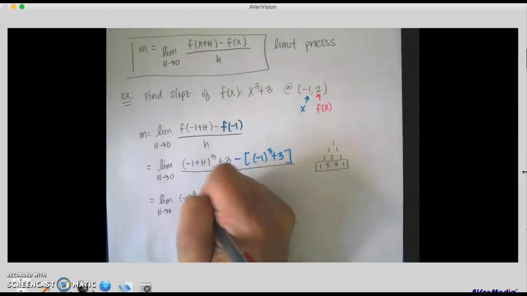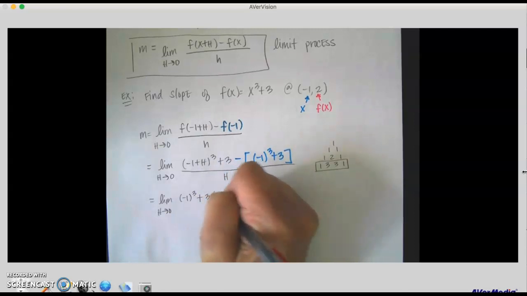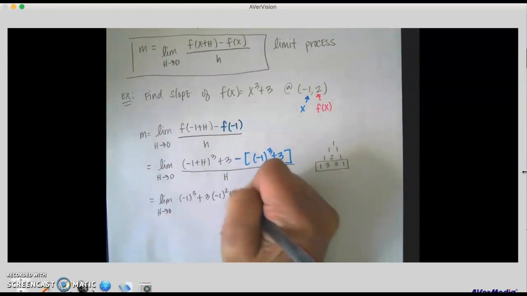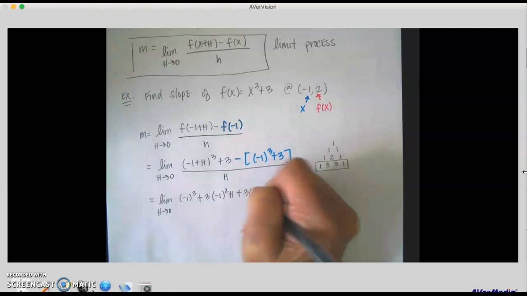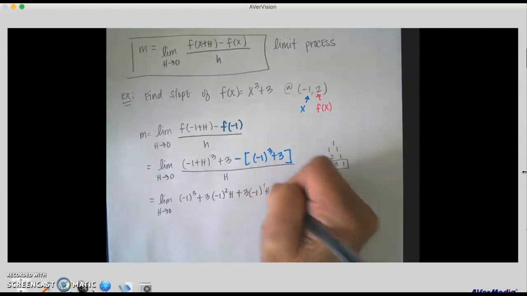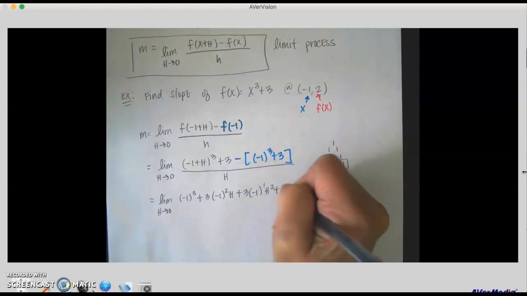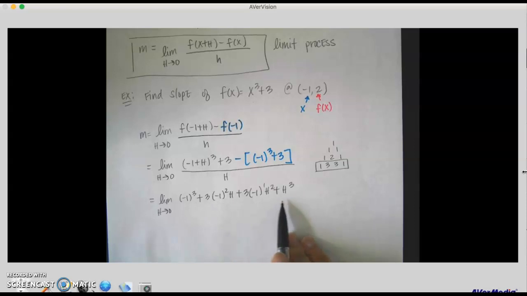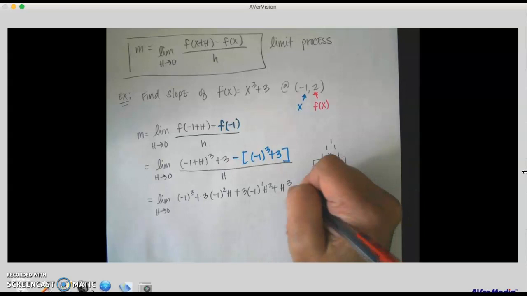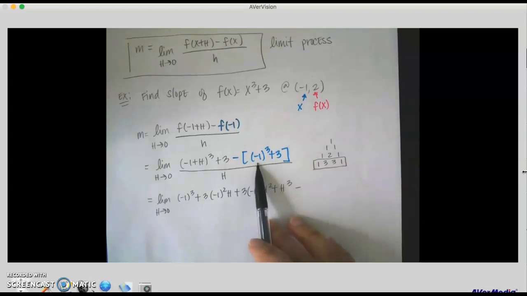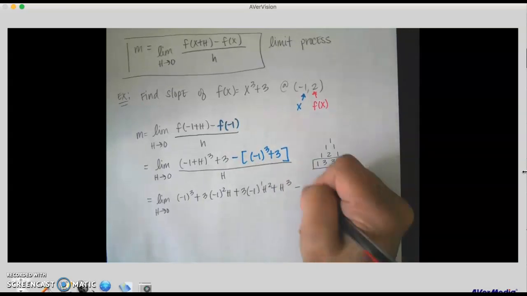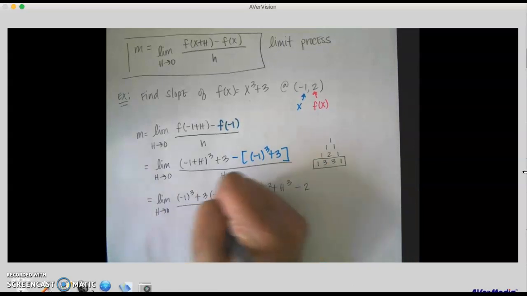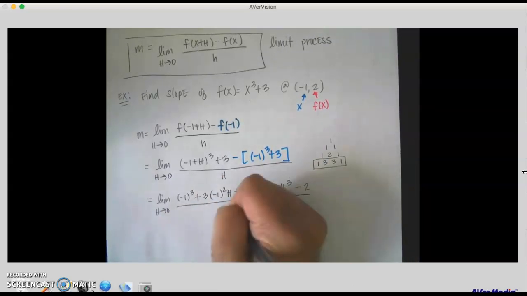To the third power, it's your coefficient times h, another coefficient, until the last one. So this is our expansion of the -1 plus h to the third power using the Pascal's triangle. And then we're going to subtract it from the value that we get from the negative 1 cubed plus 3, which is 2. And it is all over h.